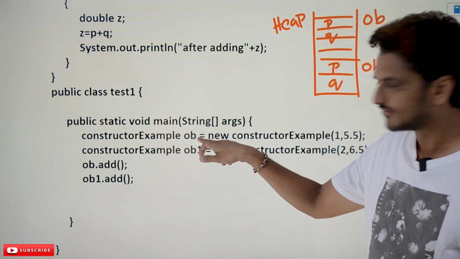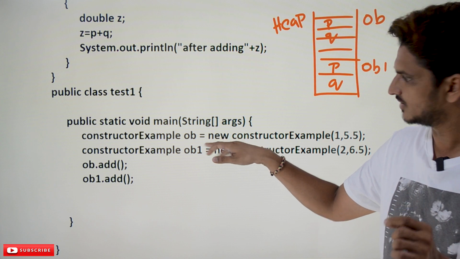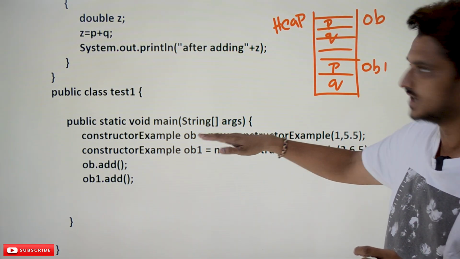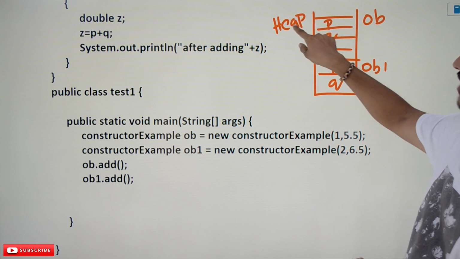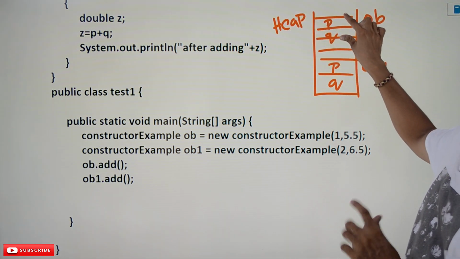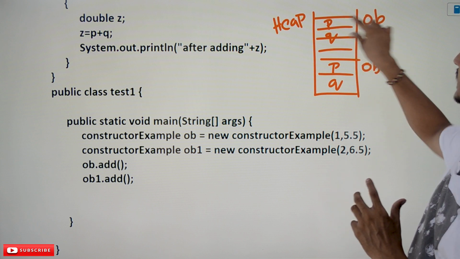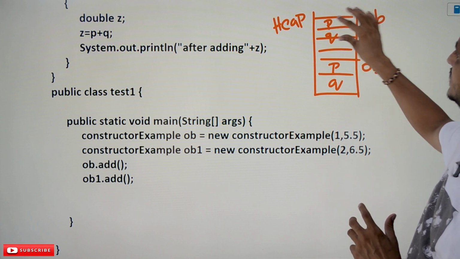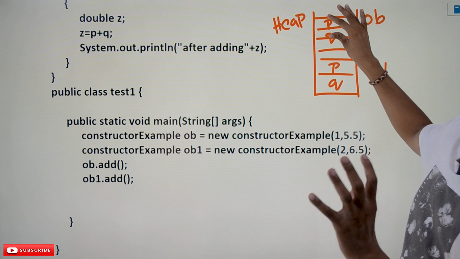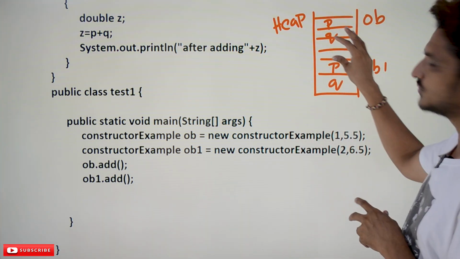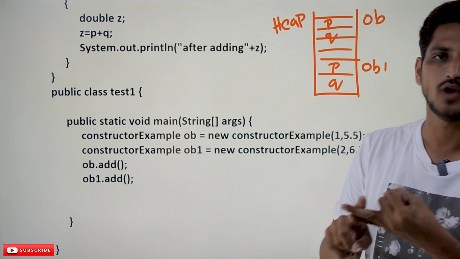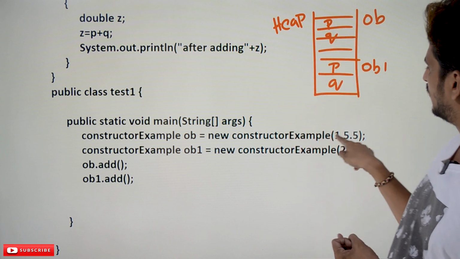So whenever we define an object, some memory space is created in the heap. How much space? 12 bytes of space for OB. This is the space allocated for the OB object. Inside this, we are going to place the p value and q value. What is the p value? 1.